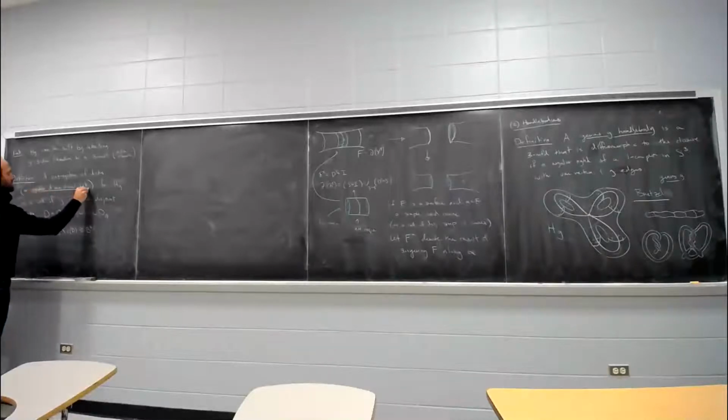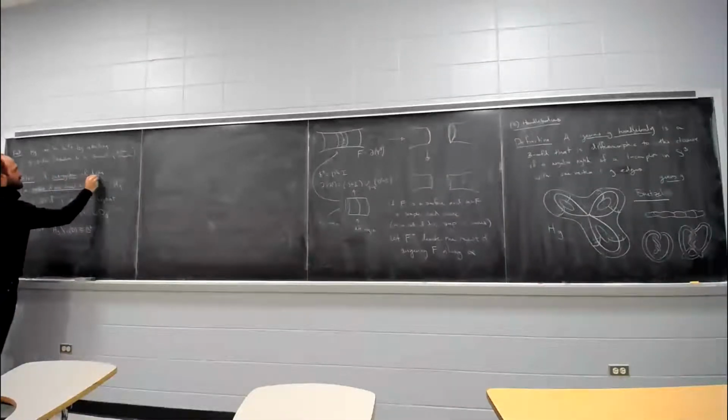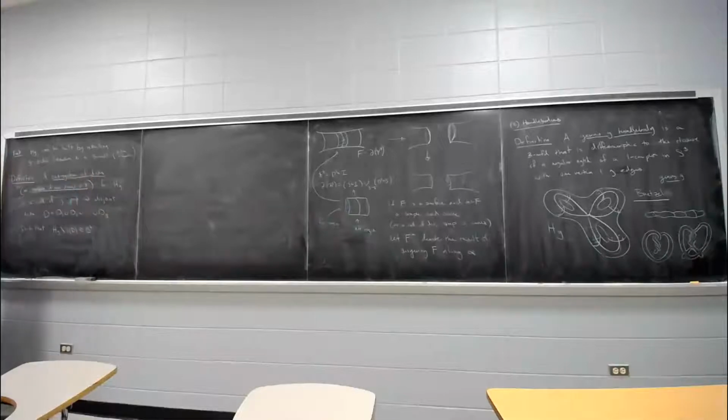So these things are sometimes called original disks, or they're sometimes called cut disks. The use of the word system is complicated in these sentences for me.